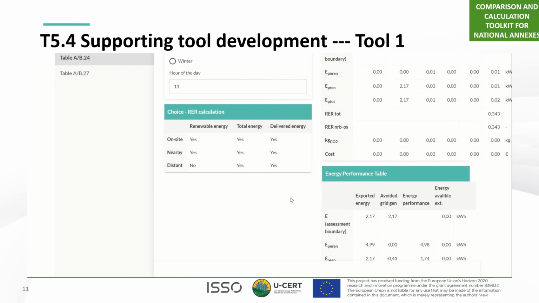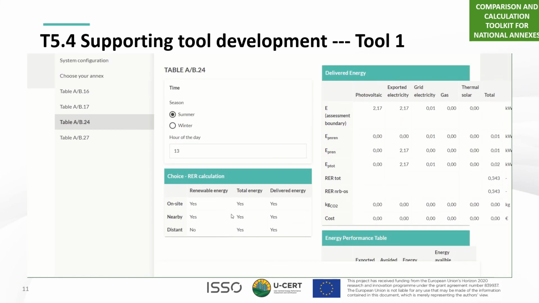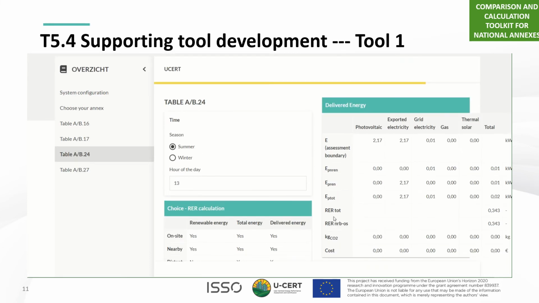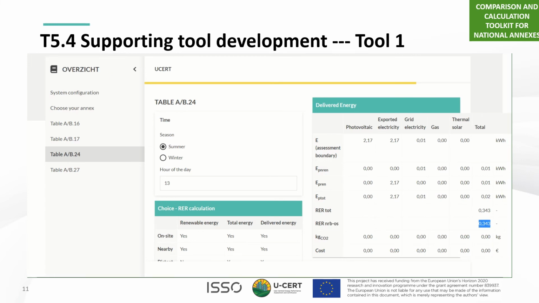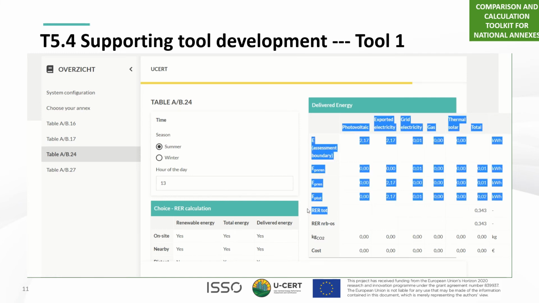As for the first two tables, even for this one, further information can be found in the explanatory report. These are the choices made under the U-CERT project, and it means that the renewable energy ratio taken into account within the U-CERT project is this one, corresponding to these values, which is in this case for this day of the year, but especially for this hour of the day that we previously selected, equal to this other value of the renewable energy ratio.